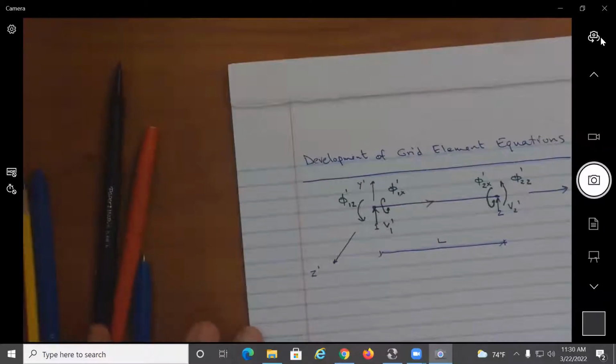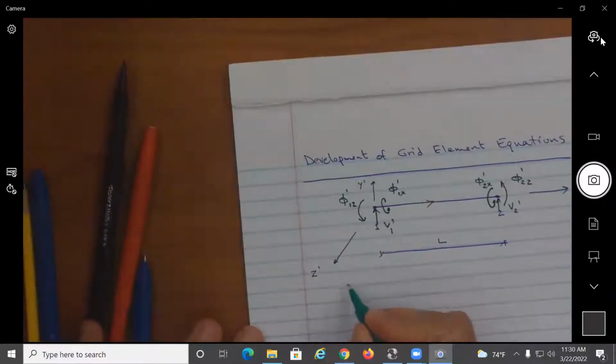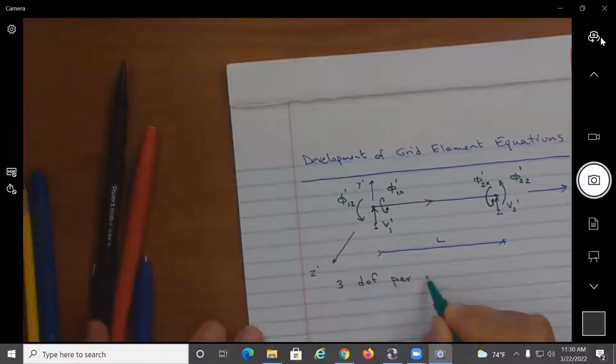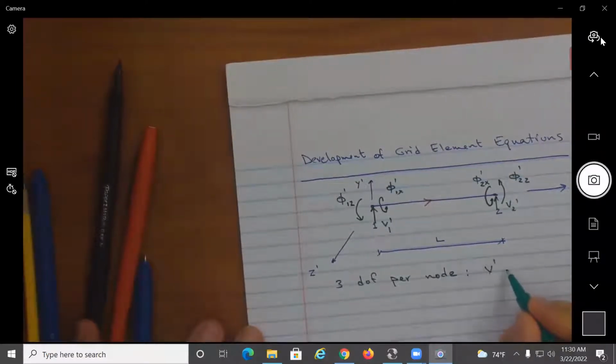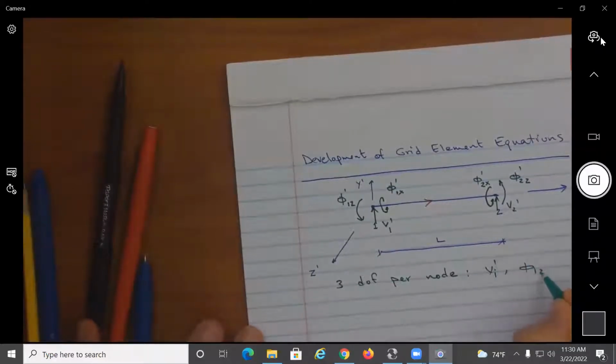So the first thing we can say here is that we have 3 degrees of freedom per node, namely a v prime. I'm going to use an i because for any node, phi i z prime and phi i x prime.